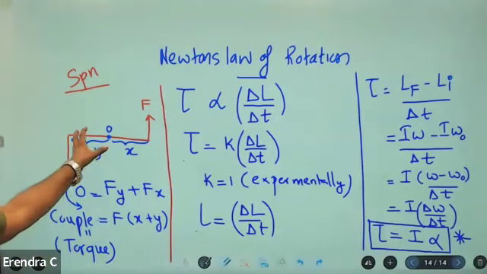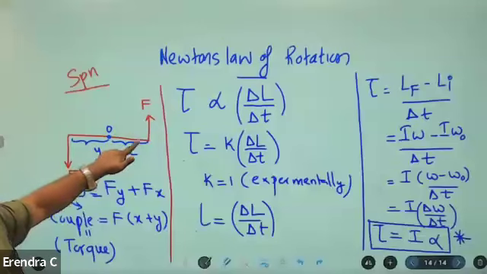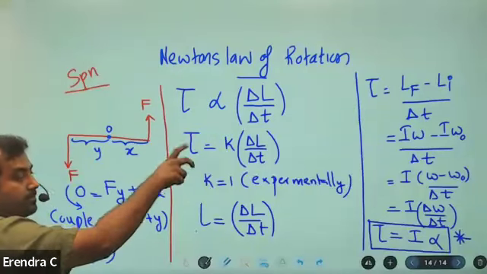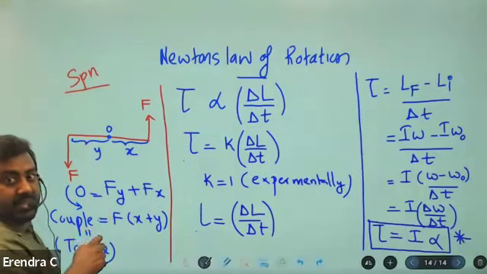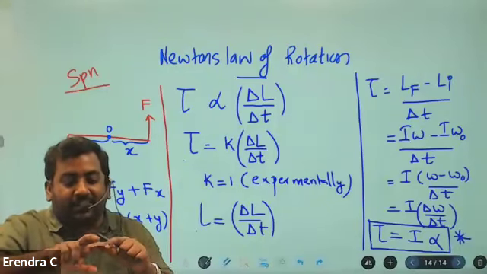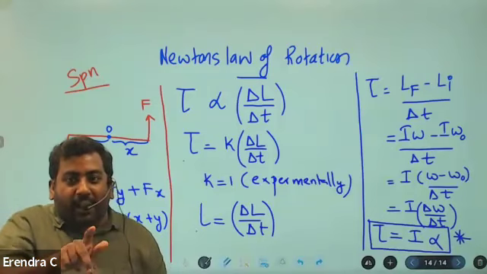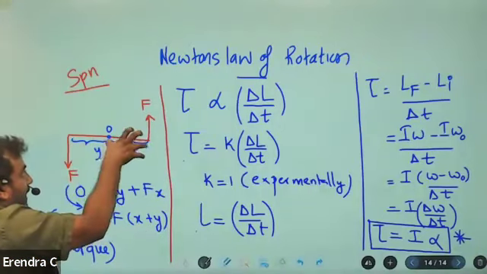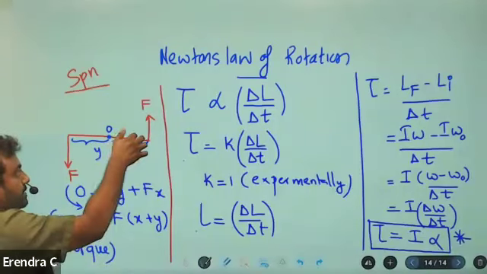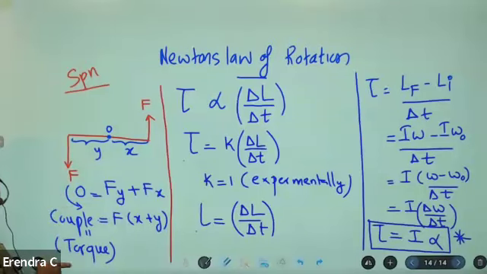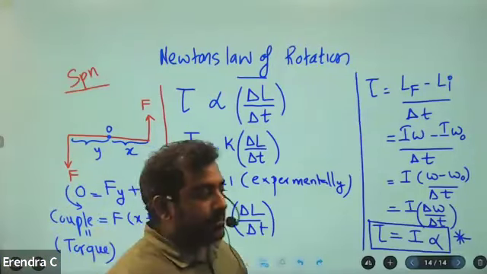So a couple acts in the same direction. Examples: steering wheel rotation, tap opening every day. Even the shower, same. You're applying a couple. Check the knobs of the shower: one finger here, one finger here. You're rotating. You're applying equal and opposite forces, with different lines of action. Couple means one of the forces multiplied by the perpendicular distance. That is also another torque.